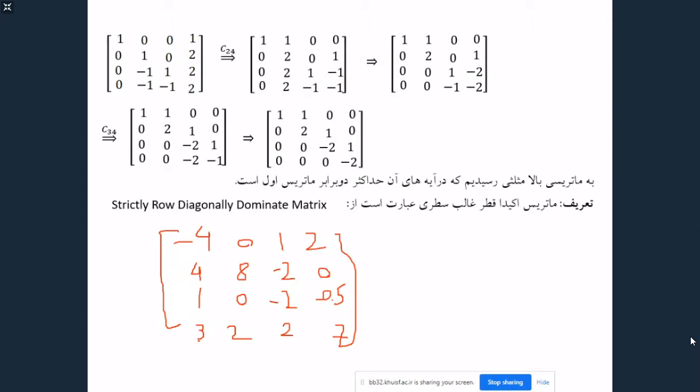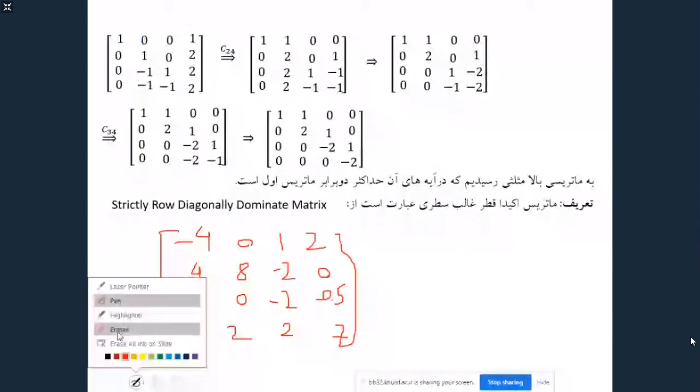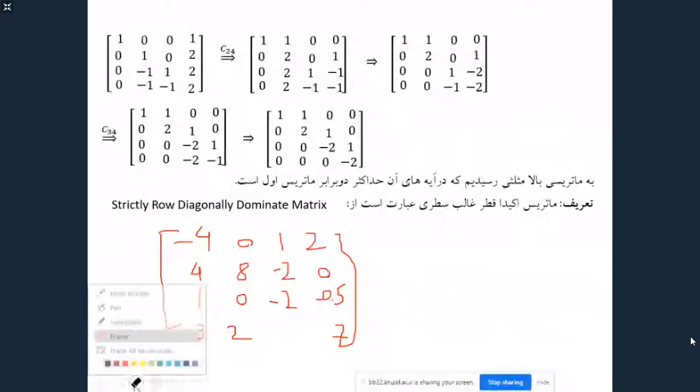No, no, no. It's equal. 3 plus 2 will be 5, and plus 2 will be 7. It's not good as an example. I have to write, for example, 1 here, minus 1 here.